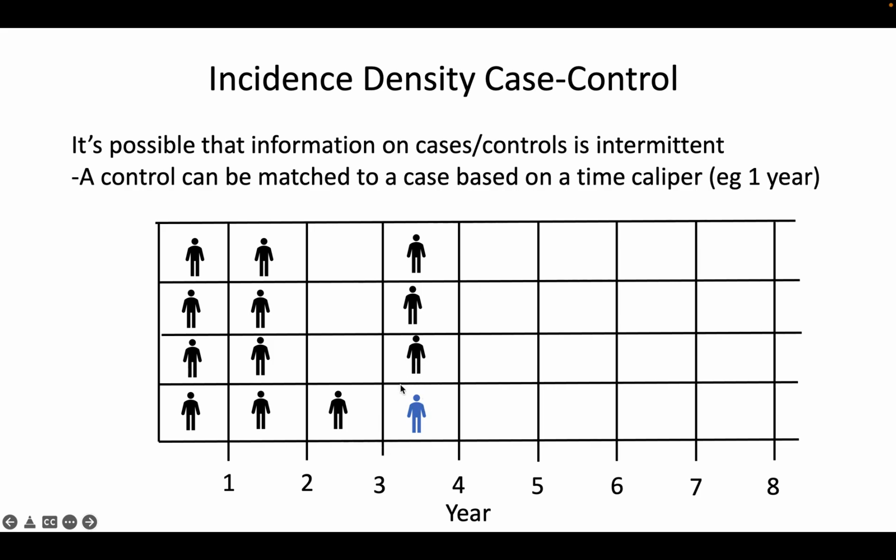It's caliper matching because we know their status in this window, and we know that this person began at risk, and presumably they have not gotten the disease, because if they got it here, they'd be disease positive here. So we can choose them as a control. What I'm trying to illustrate is you can caliper match on time, and it's okay in certain scenarios if the recording of information is sporadic.